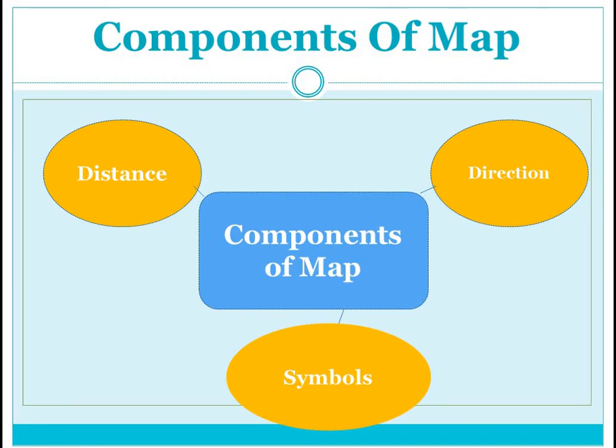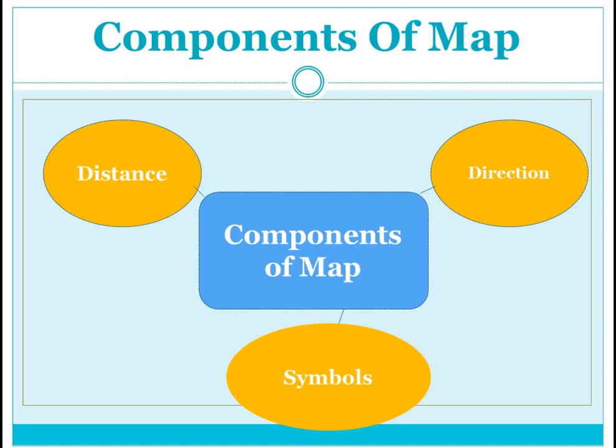Components of a map: distance, direction, and symbols. These are very important to understand a map. Distance, as we know that we can't take the same part of area of the actual ground on the map. So, to reduce that distance, we take scale. So, that is very important to understand the map.